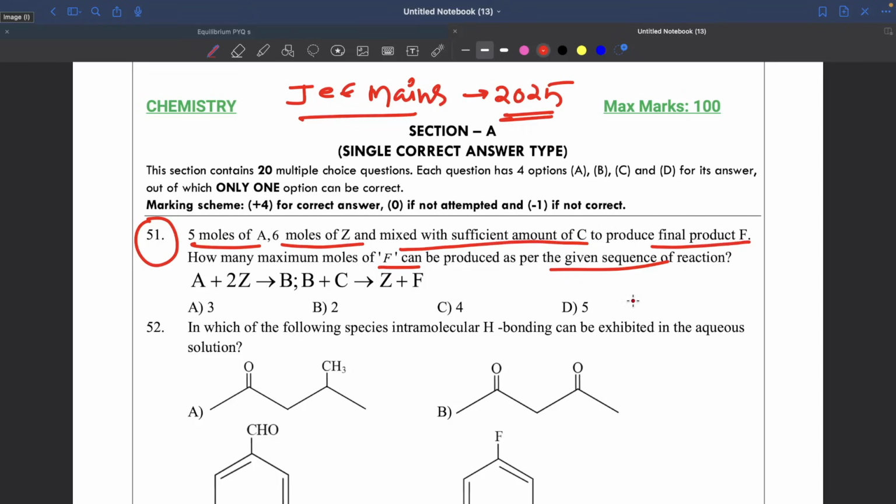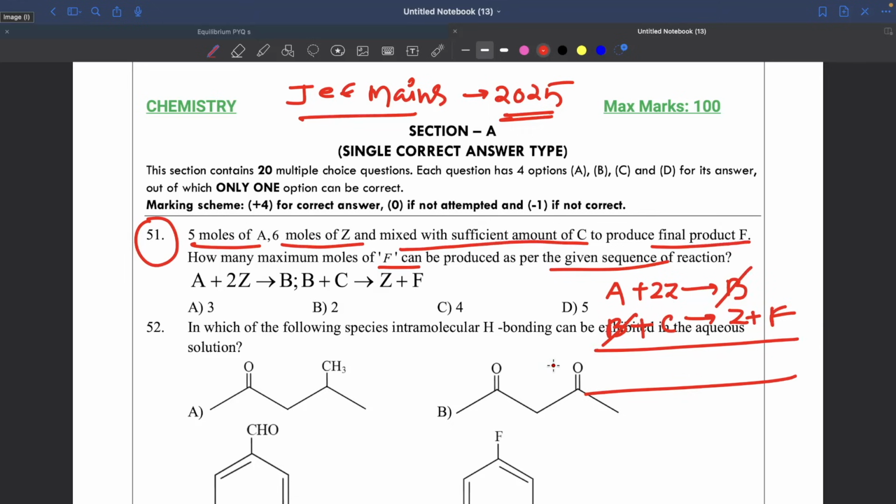I will add these two reactions: A plus 2Z gives B, and B plus C gives Z plus F. If I add these two reactions, B gets cancelled, Z and 2Z get cancelled, and I will get A plus Z plus C gives F.